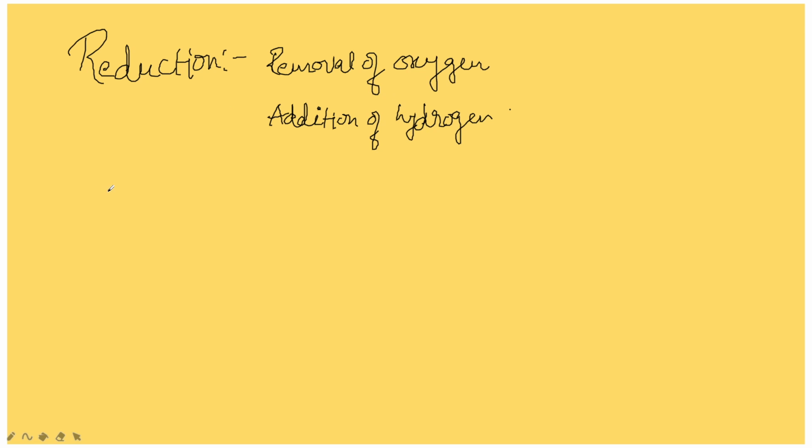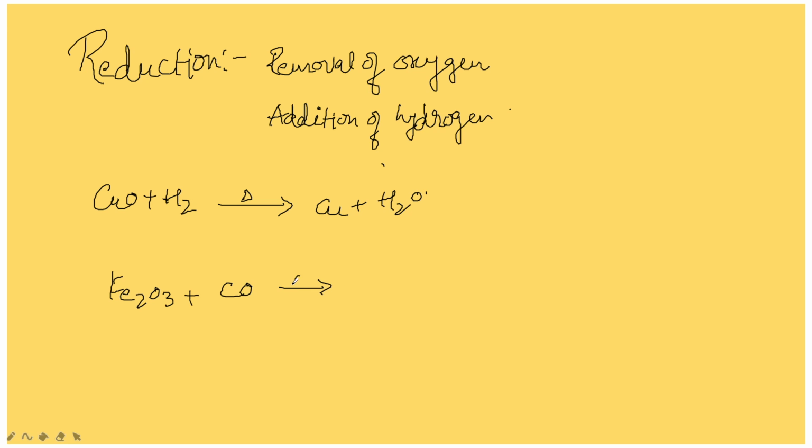Here are a few examples. CuO plus H2, if it is heated, gives Cu plus H2O. Removal of oxygen from CuO. Next one is Fe2O3 plus CO, carbon monoxide, when it is also heated, gives Fe plus CO2.